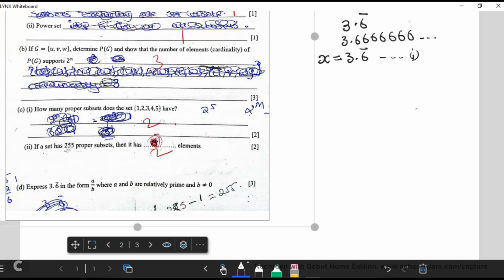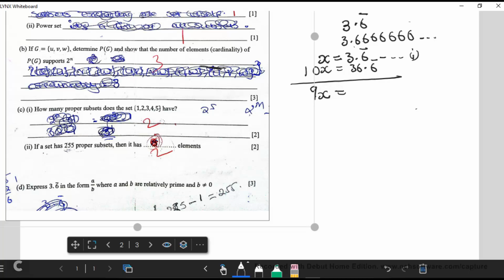So we move it one place, like this, meaning here it's supposed to say 10x equals 36.6 repeating. Then you say 10x minus x, such that your answer will be 9x.